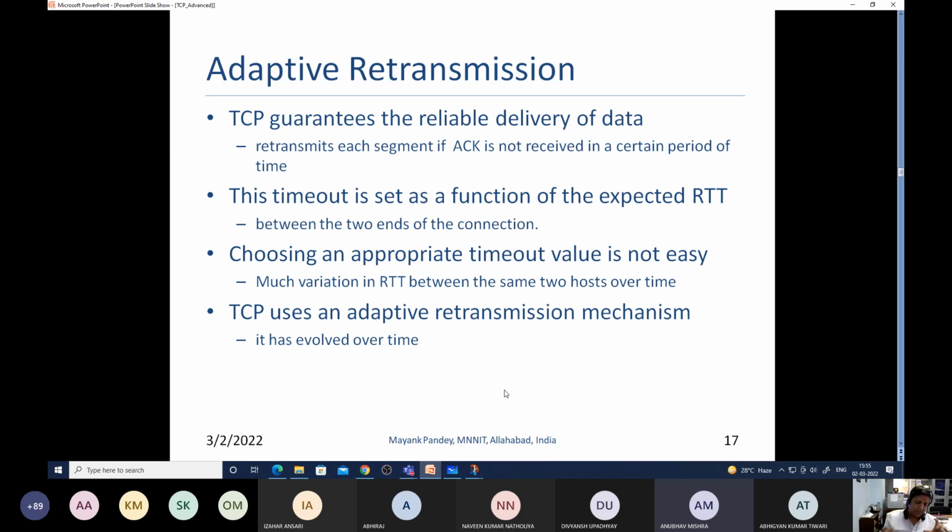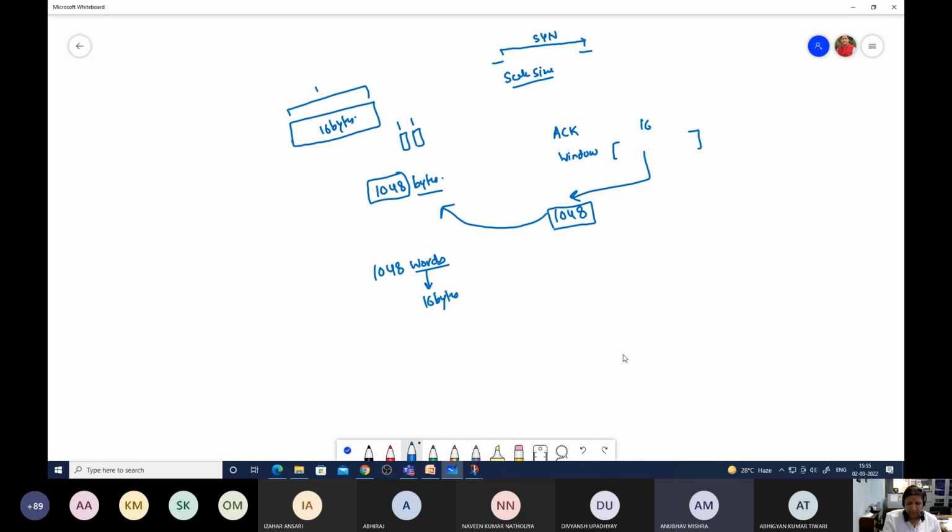So your timeout should be set as a function of RTT, but RTT is a variable value. If you observe the RTT between two end hosts, you may find RTT value is different over a period of time. Now the problem here is, if you think here, when will you be able to get the RTT value?